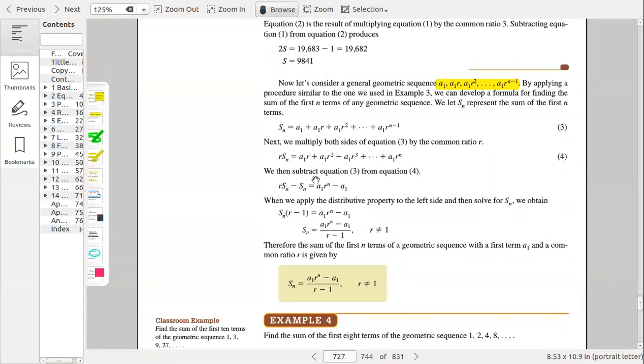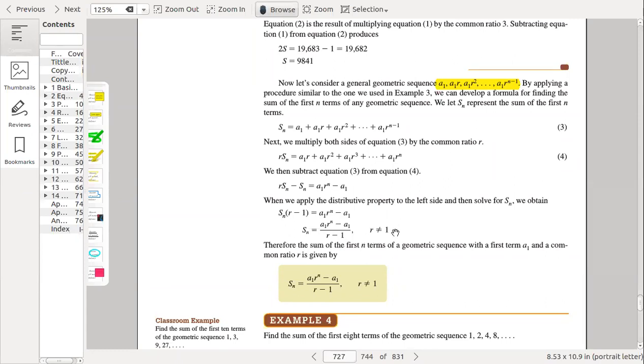Then because a1 exists in both terms, you can take a1 as a common factor and you are left with a1 times r n minus 1. On your left side, if you take Sn common, you will get Sn times r minus 1, and so you get a1 r power n minus a1 over r minus 1.